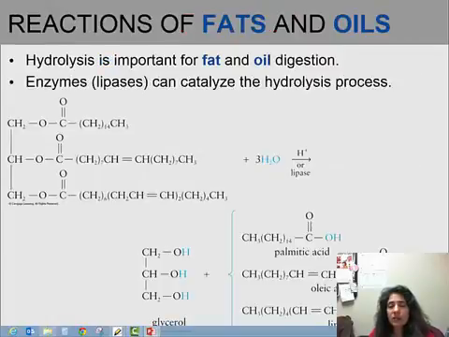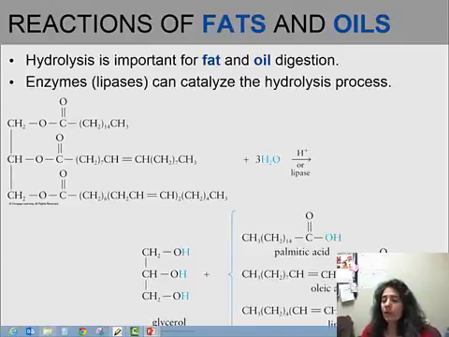All right, so into the reactions. We know we have hydrolysis. We know we can break these apart, and we looked at saponification on the other page where we break them apart using our NaOH or KOH. Here we're actually using an enzyme, lipase.